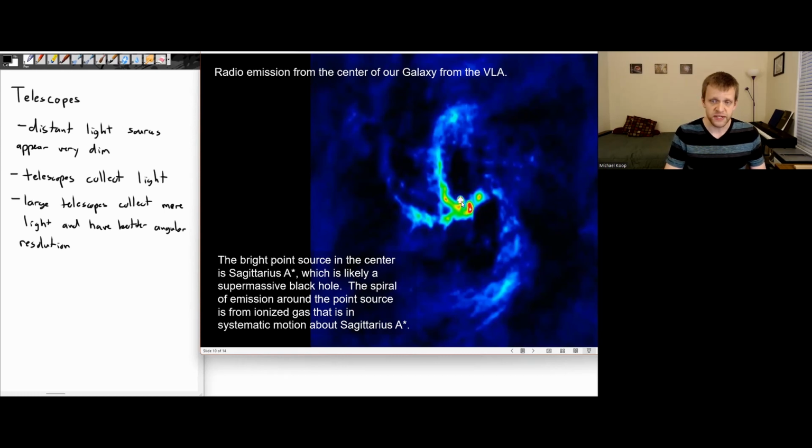In this particular example, this very, very bright source of radio emissions is called Sagittarius A star, which is most likely the accretion disk around a supermassive black hole at the center of our galaxy. Again, later on in the course, when we talk about galaxies, we'll see that most large galaxies, like our own, have supermassive black holes near their centers.